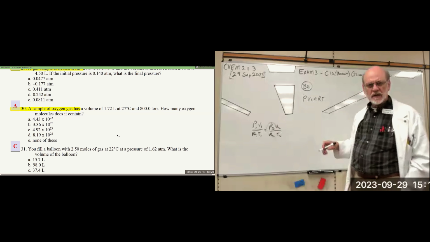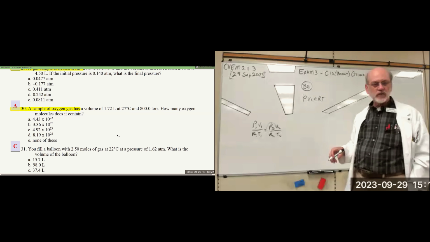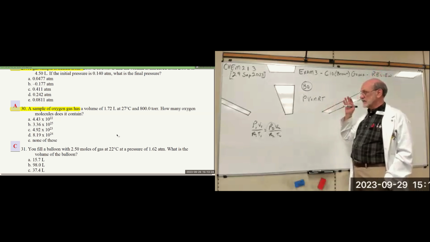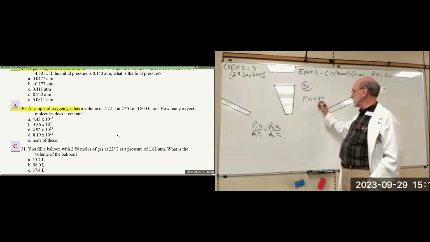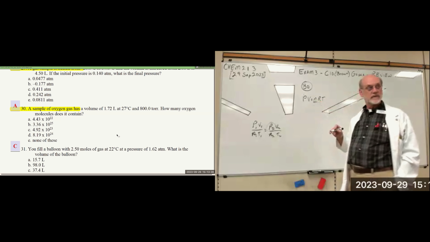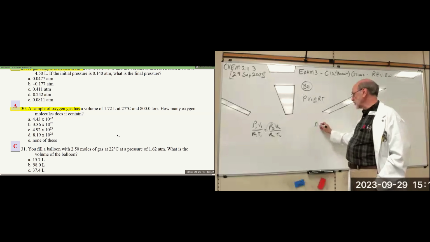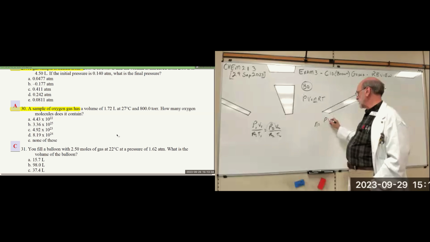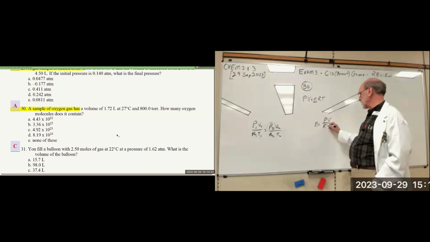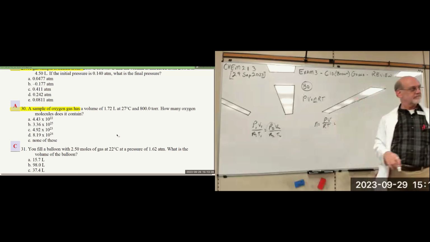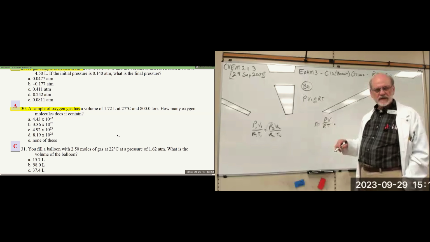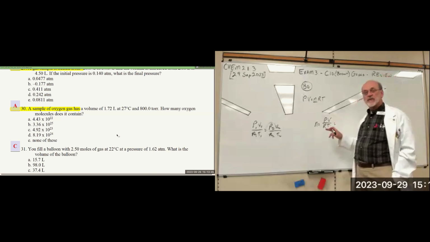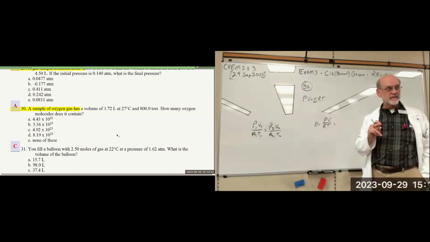So, how many oxygen molecules? Well, this doesn't give us oxygen molecules directly, but it does give us moles. So if we solve for moles, n equals PV over RT, correct? Then the pressure is, and the R determines the units of measure.